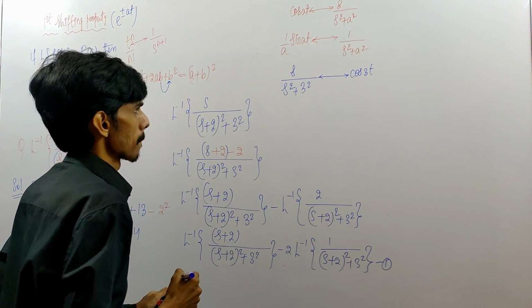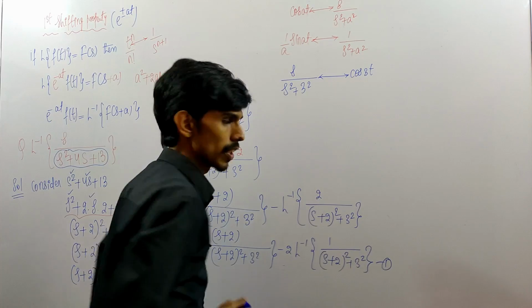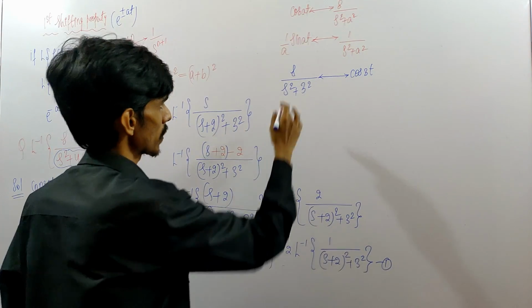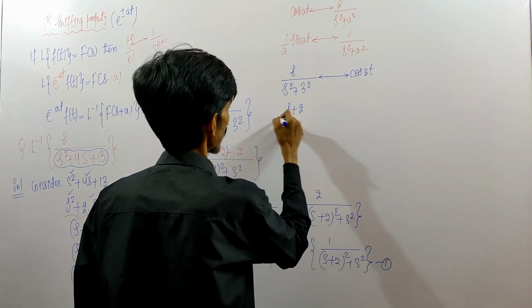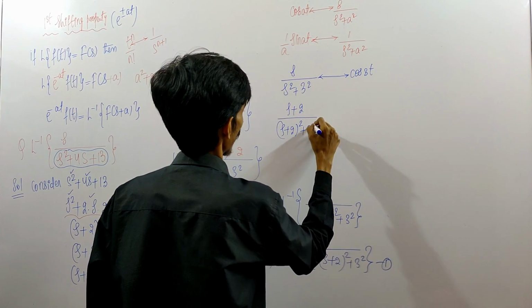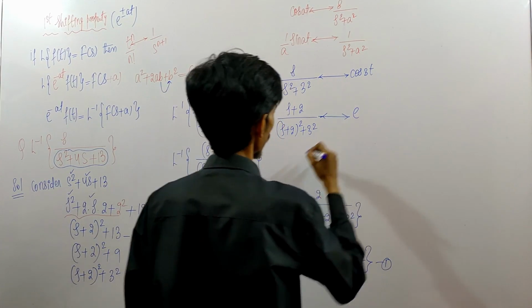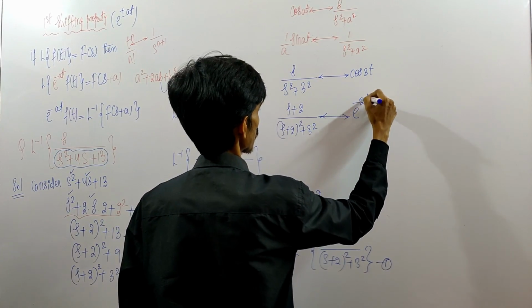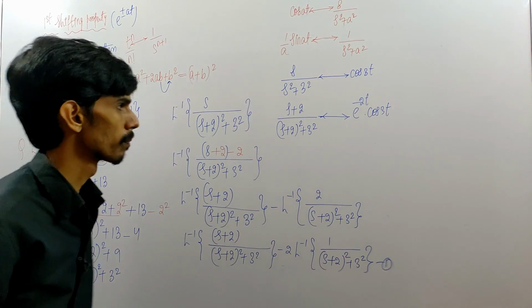Now by using the first shifting property, if we replace this s by s plus 2, then we will get the exponential term e power of minus 2t into cos 3t.